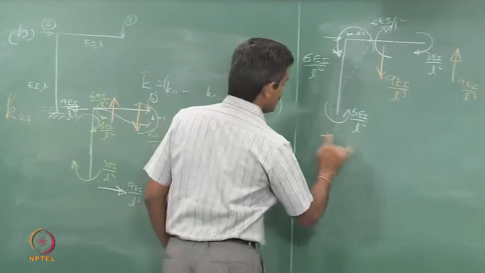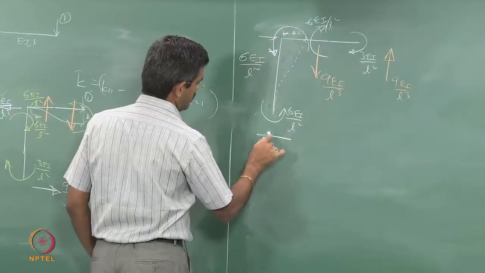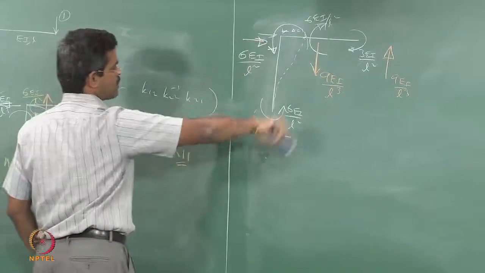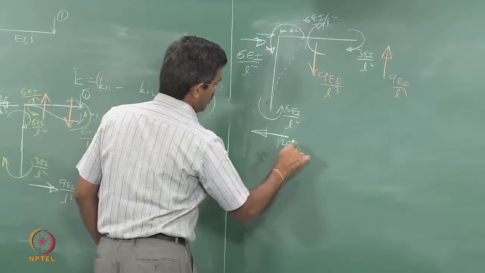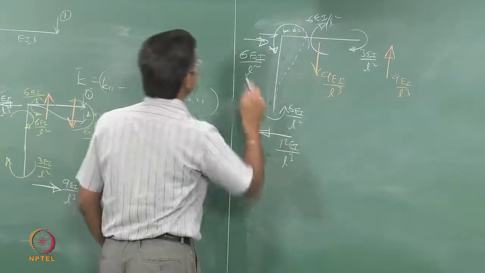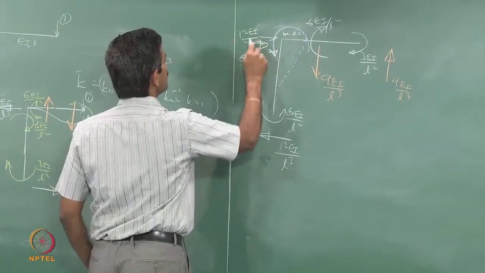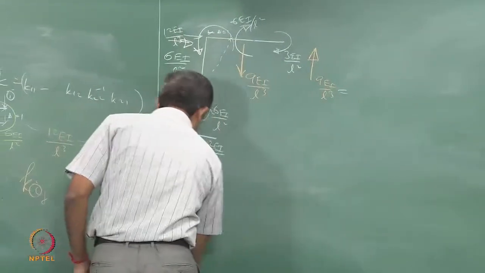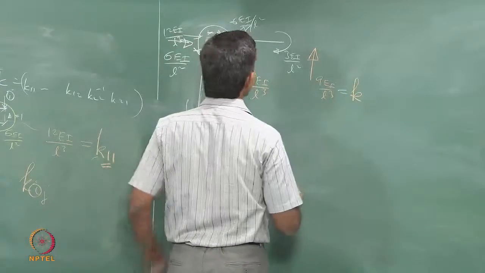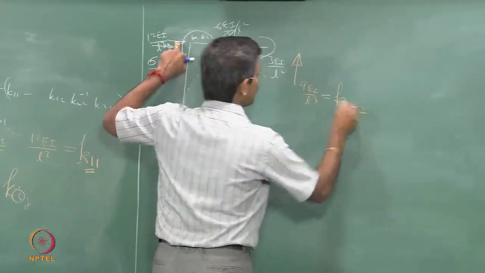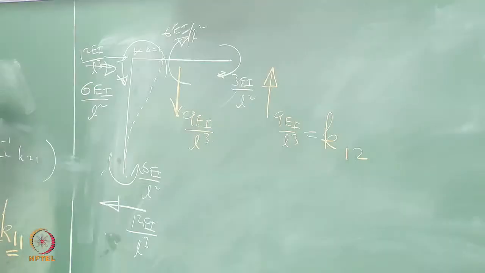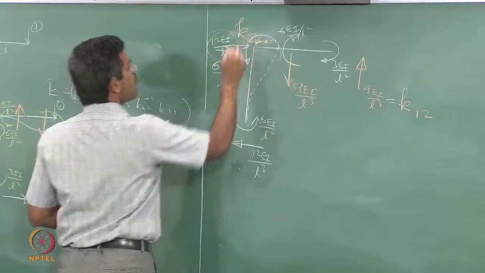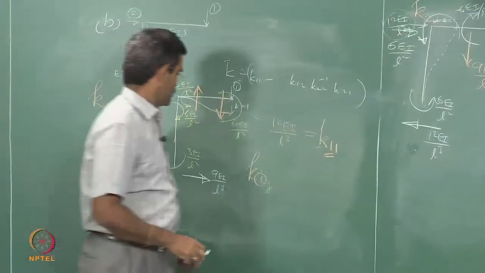So, I will get the direction of this type, because this is anti-clockwise, this couple will be clockwise, which will be 12EI by L cube, 12EI by L cube. So, this will be actually equal to K, displacement given in 2, force in 1. So, K12, and this value will be actually equal to displacement given in 2, force also in 2, K22. So, I got both the values.